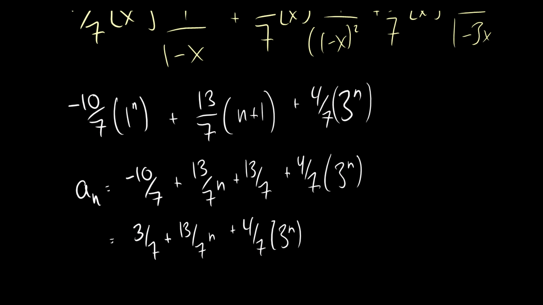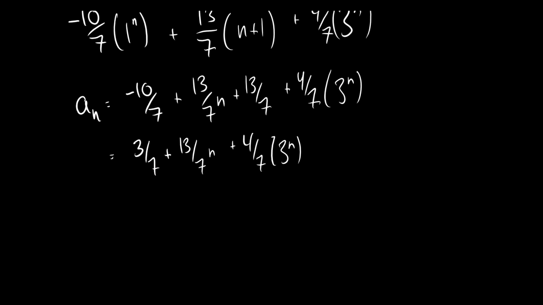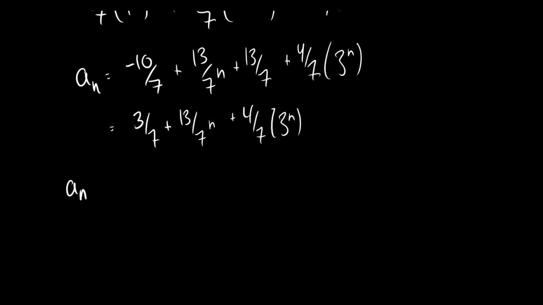And that is the result of our recurrence relation. So here's the magic moment. This is where we test to see if it works. So we had an minus 3 an minus 1 is equal to n, with n greater or equal to 1.